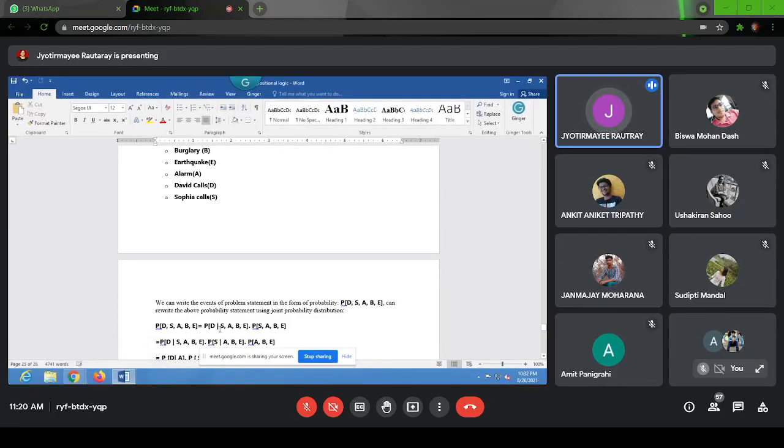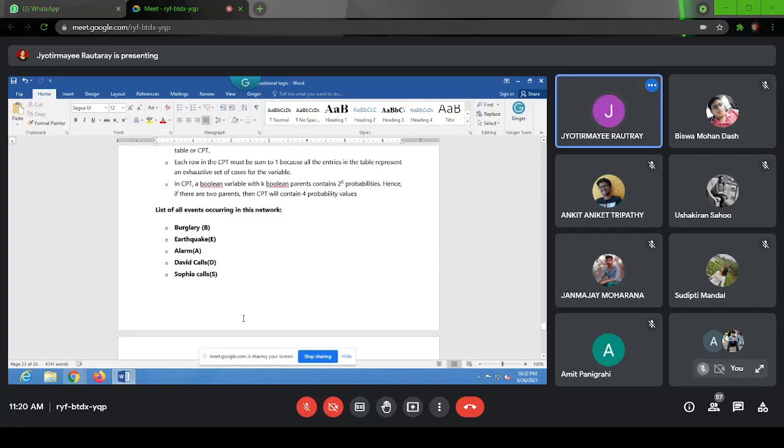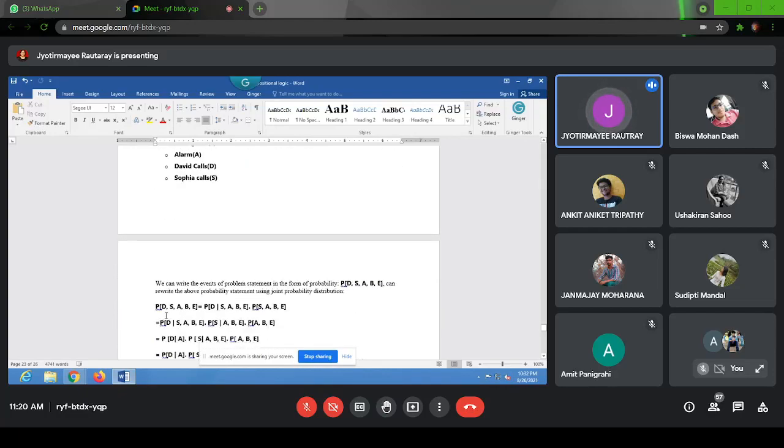That means we have to find probability of D with S A. What is the probability of D? Sophia calls and alarm occurred. Probability of D given that S A B E occurred.